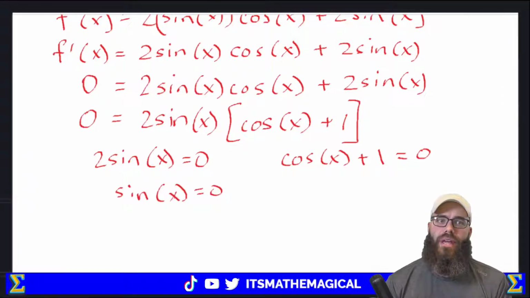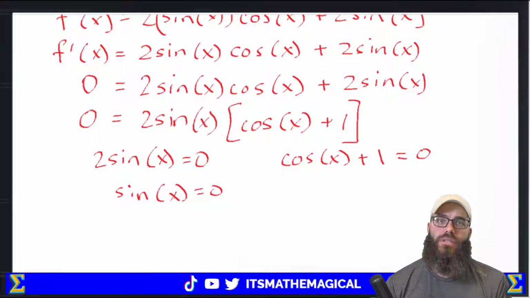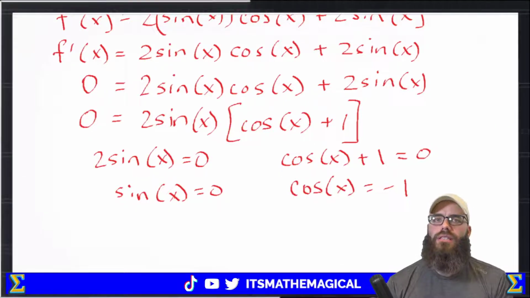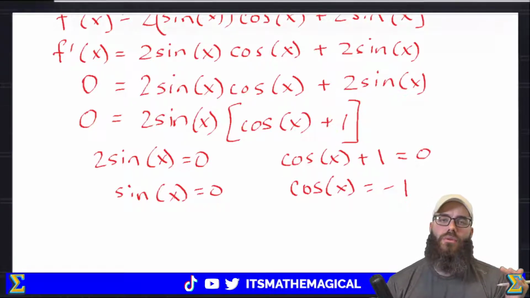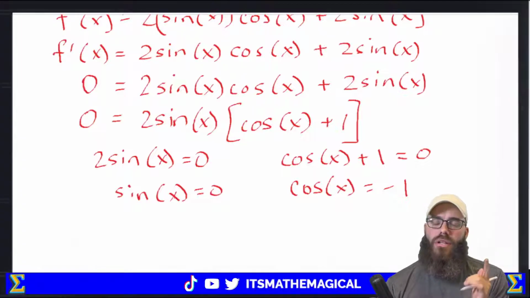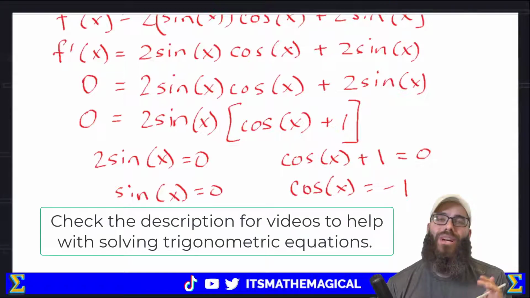On the right side, we have cosine x plus 1 equals 0. We move the 1 over and get cosine x equals negative 1. Now we need to solve this. We need to think about where on the interval from negative pi to pi sine x equals 0, and also where on the interval from negative pi to pi cosine x equals negative 1.